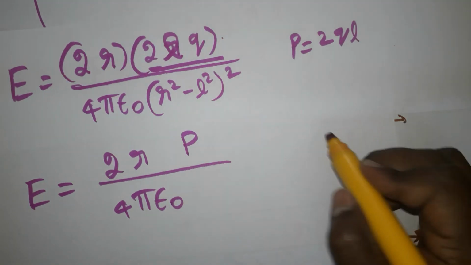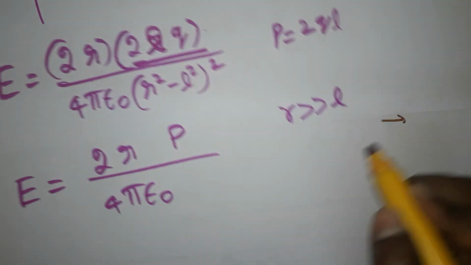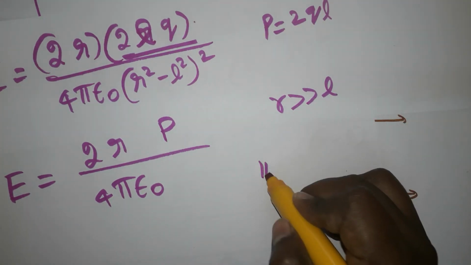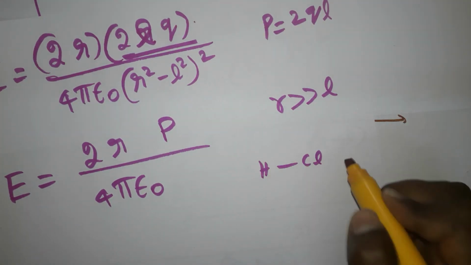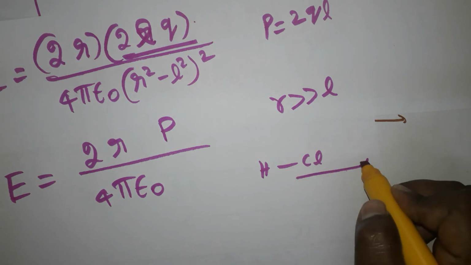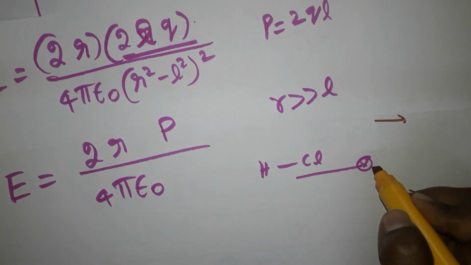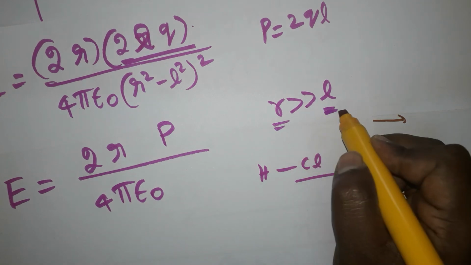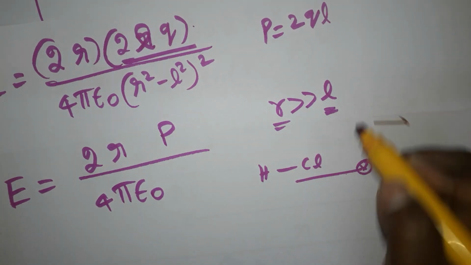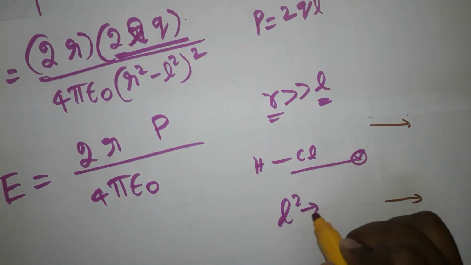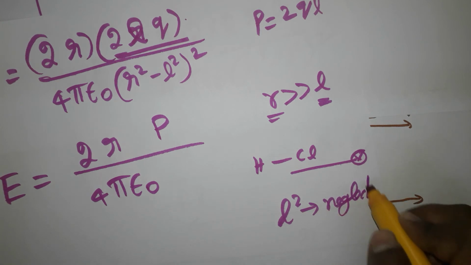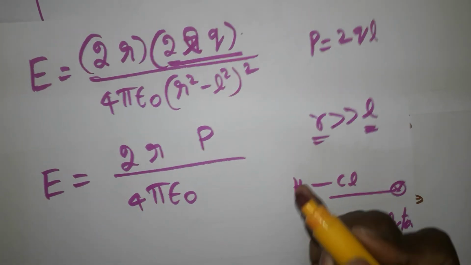Now R is very much greater than L, because for HCl the distance between H and Cl is very small compared to the test point. So R is very much greater than L. L will be a small value, L square will be negligible. So L square value will be approximately 0.